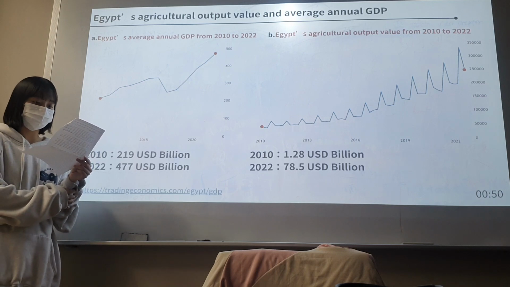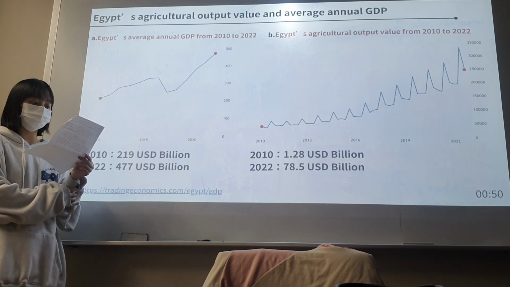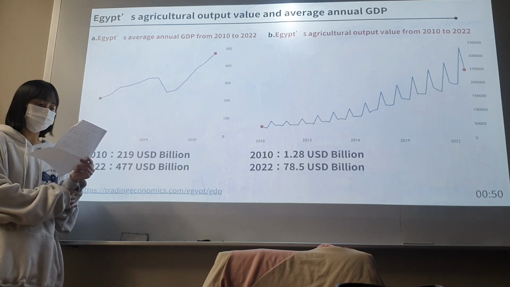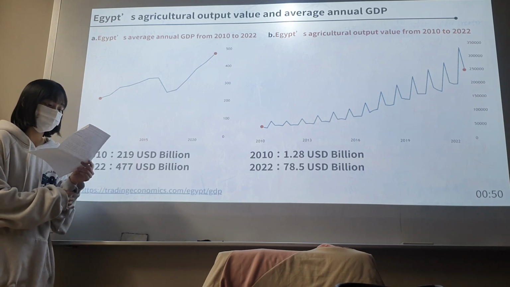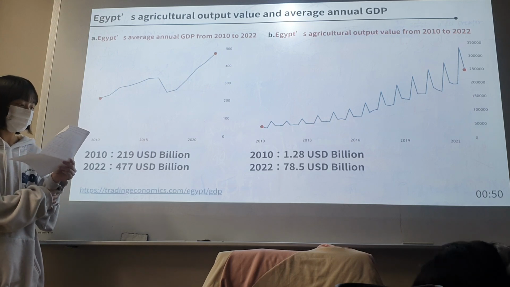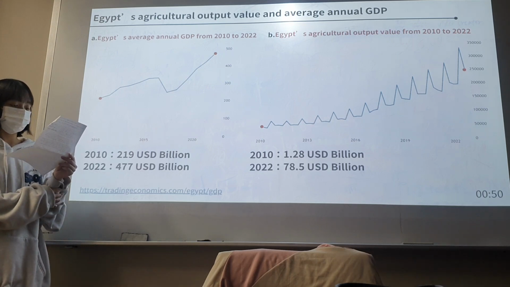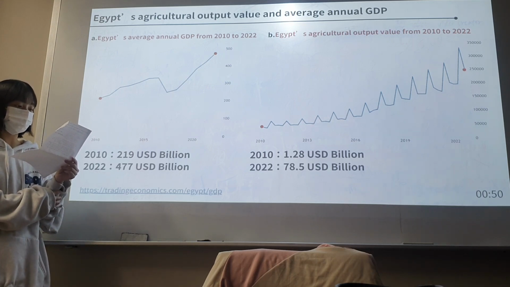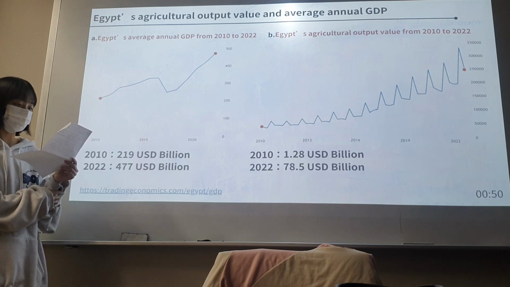Both charts indicate growth in Egypt's agriculture and annual GDP, with agriculture's share of the annual GDP increasing. The rise in agriculture also influenced an increasing demand for water.